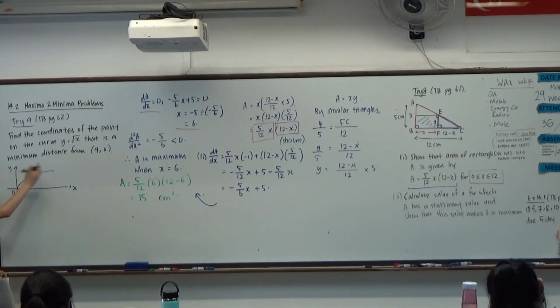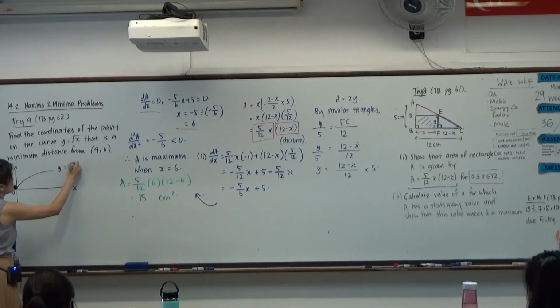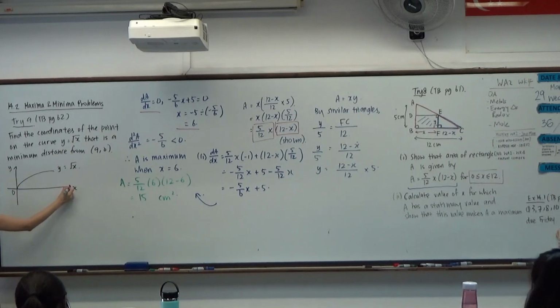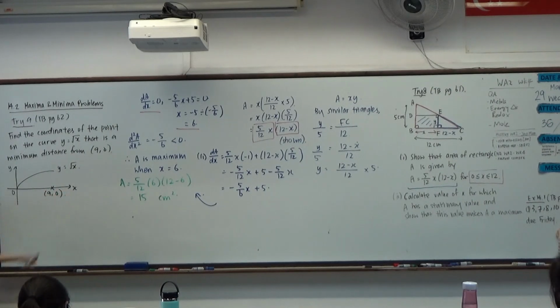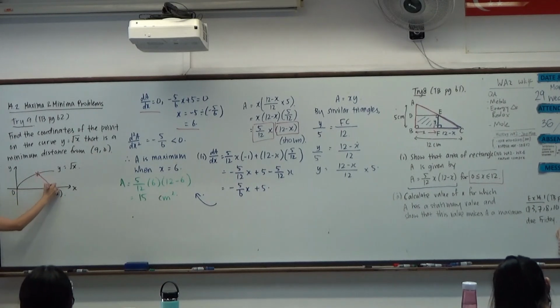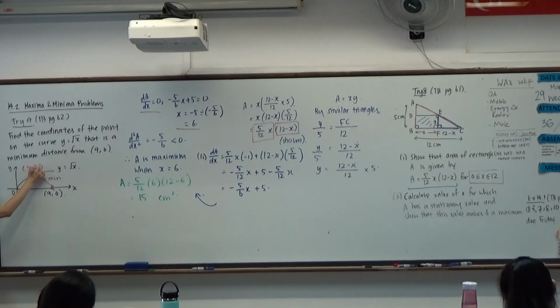The shape of y equals square root x is something like this. So what the question is asking is that there is this point (9, 0). It is found on the x-axis because the y coordinate is 0. So let's say it is this point here. I want to know the coordinates of one point found on the curve such that this distance is the minimum one. So that's what the question is asking.